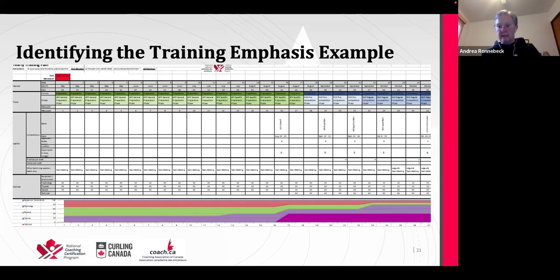So let's say you're designing your own template, you don't have to build this in if you don't want. If you're using the template that Curling Canada provides, it will automatically auto-populate. But the matrix doesn't get into this level of detail. The matrix wants to see the percentages and that they're applied appropriately.